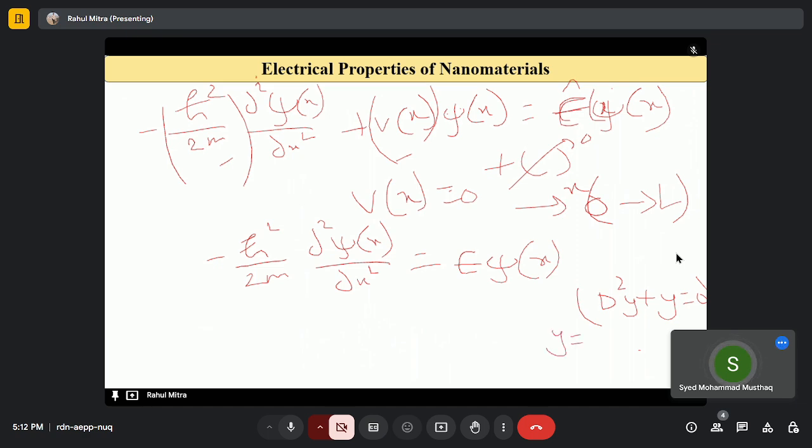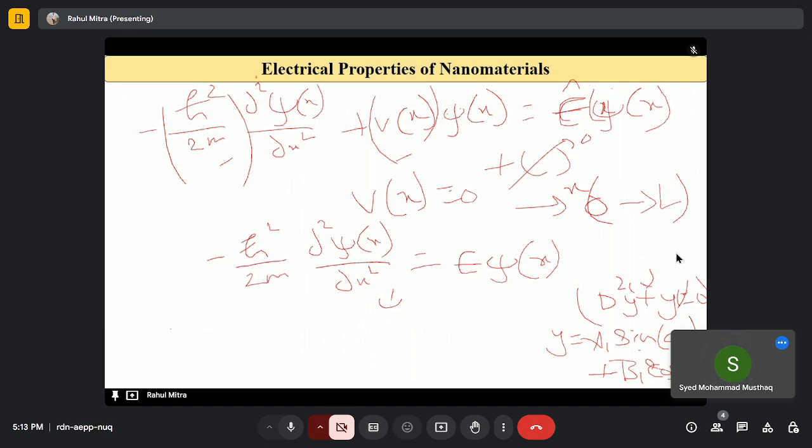The solution will look like this: a1 sin ax plus b1 cos bx. So this is my equation, and I write y of x, right? Now let me rearrange it.